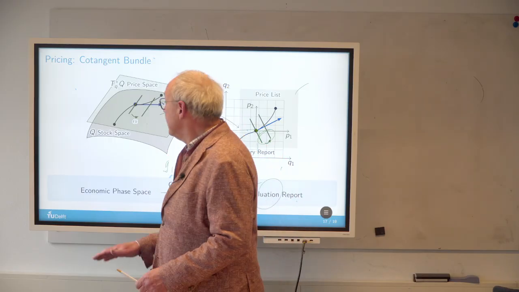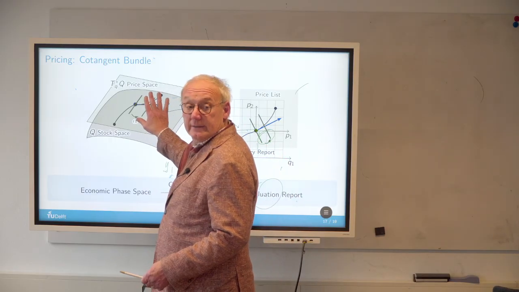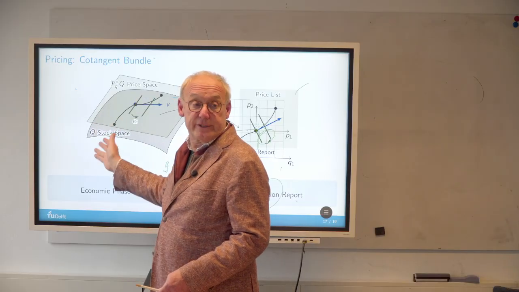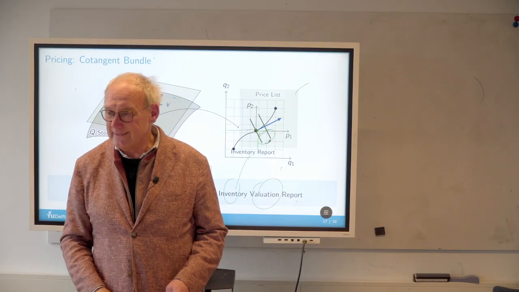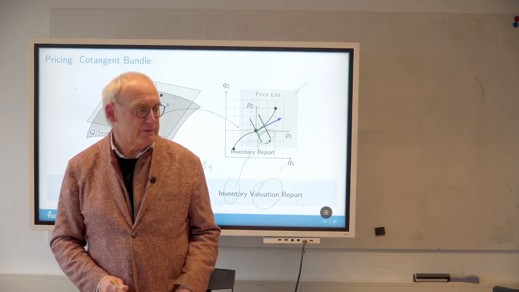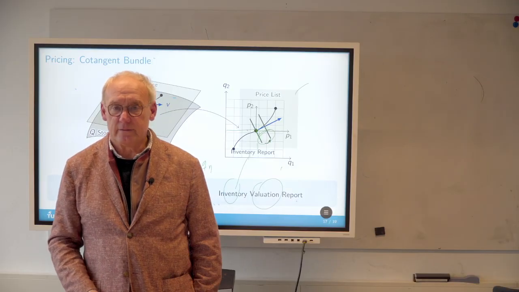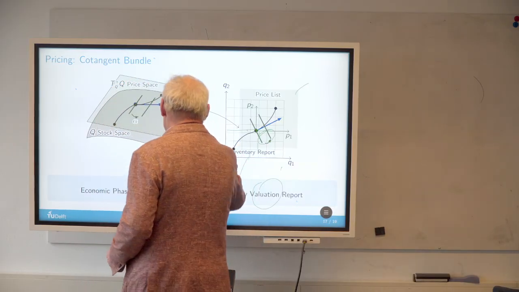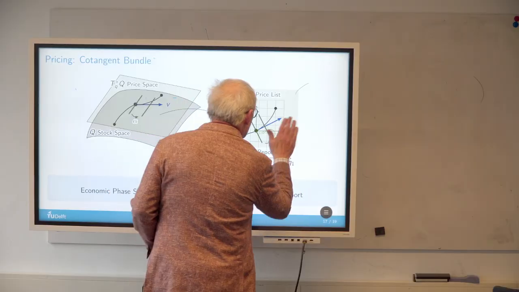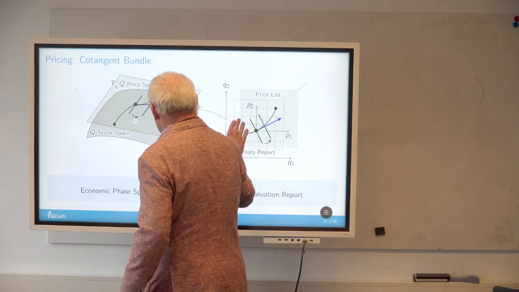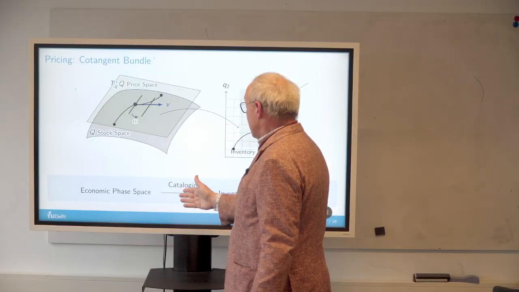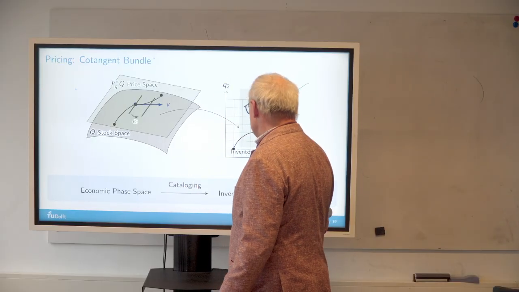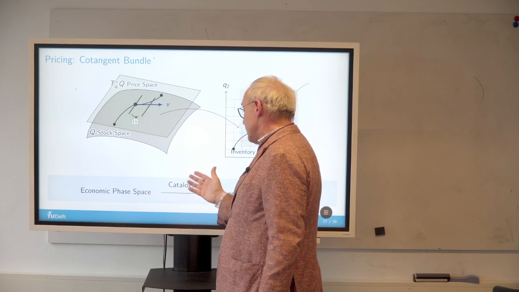Really, all we're doing is having a look at the cotangent bundle, all right? And there's different ways of doing it. So the map from economic space to these inventory valuations, I call it cataloging.